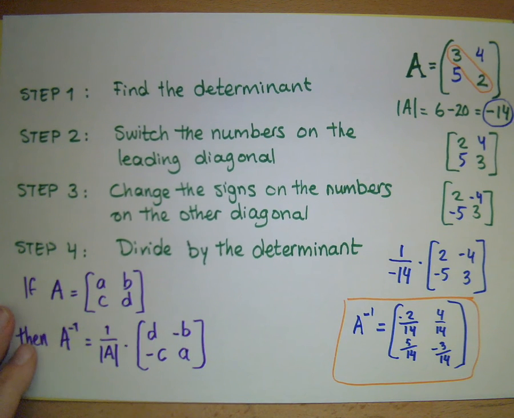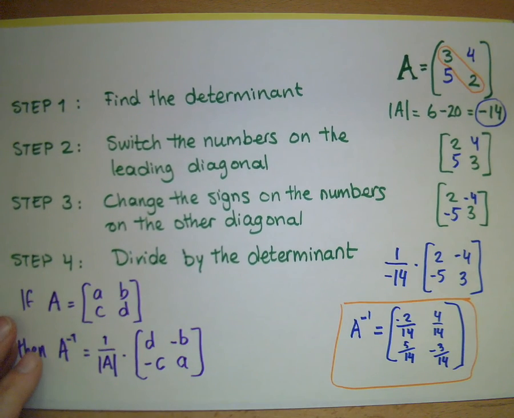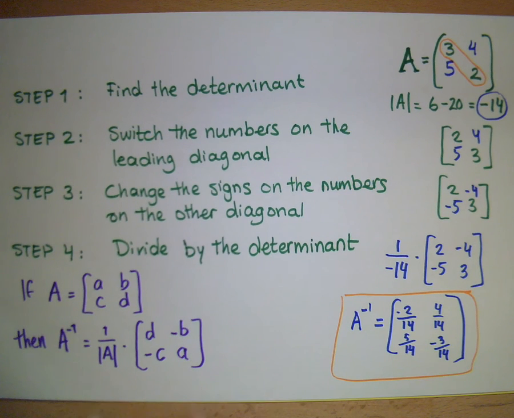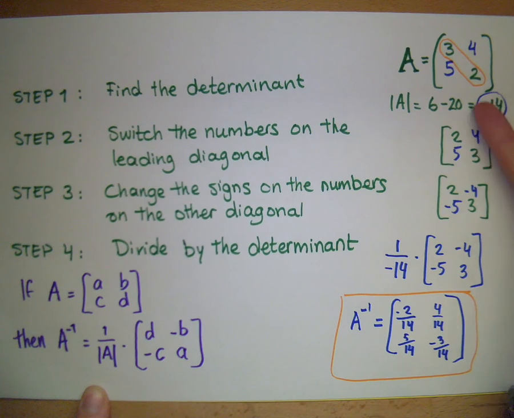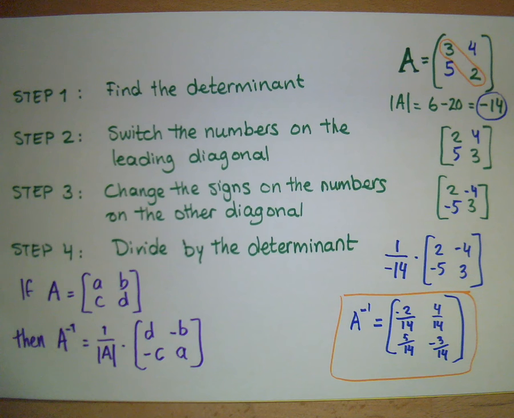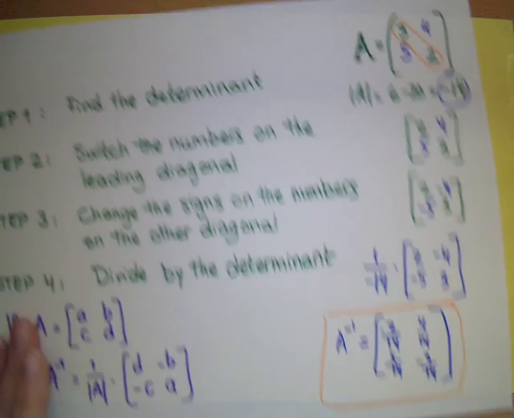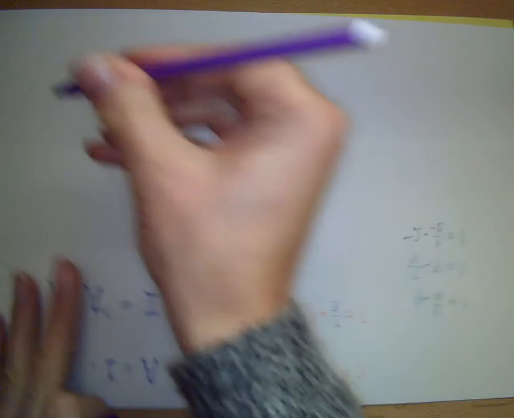There's a couple of situations. Some matrices are not going to have an inverse matrix because we are dividing by the determinant. Imagine our determinant being 0. That would mean the matrix has no inverse because you can't divide by 0, right? Such a matrix that doesn't have an inverse is called a singular matrix.